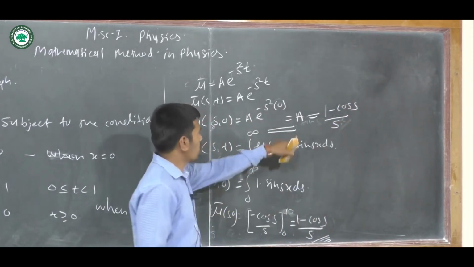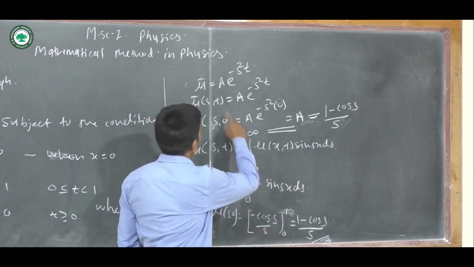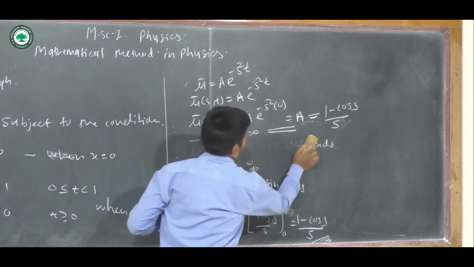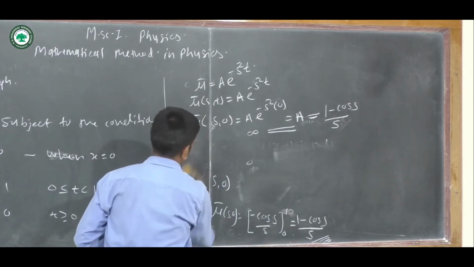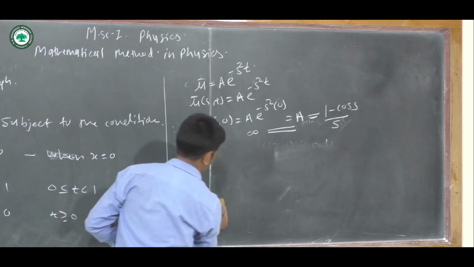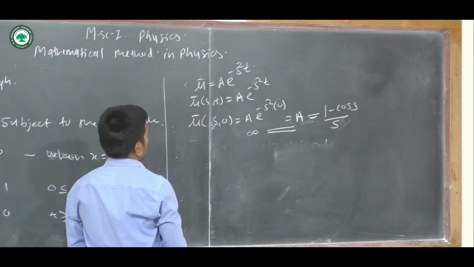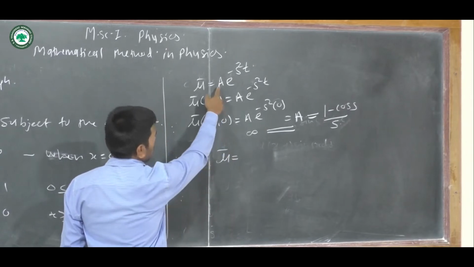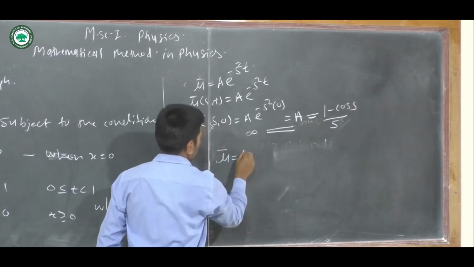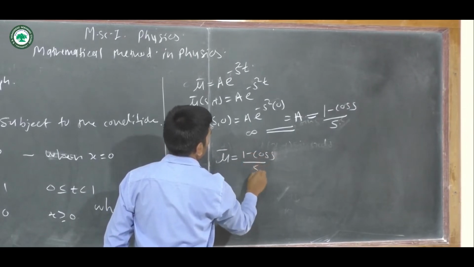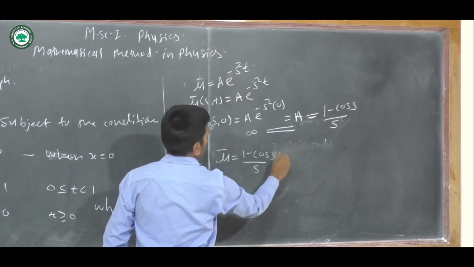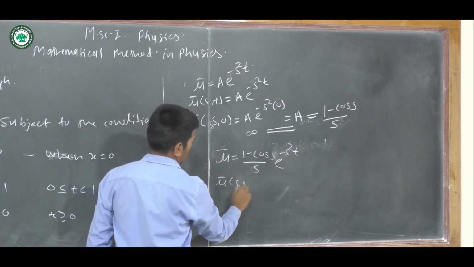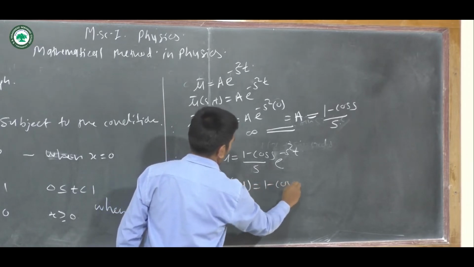Okay, so now we have the value for a, and from u bar, where u is a function of s and t, u bar is equal to 1 minus cos s divided by s times e raised to minus a square t. This u is a function of s and t, so we can write like this.